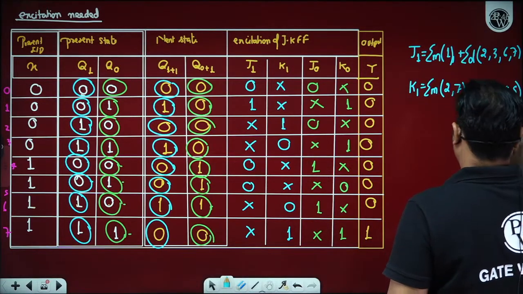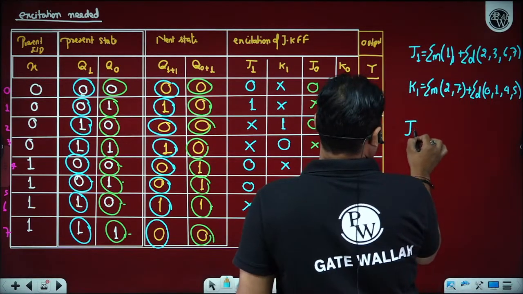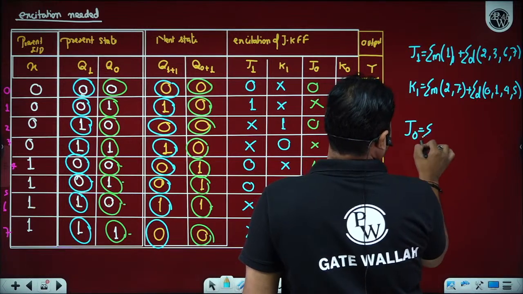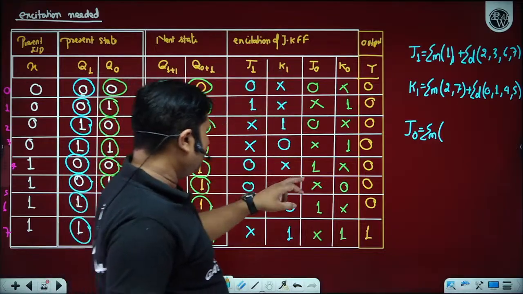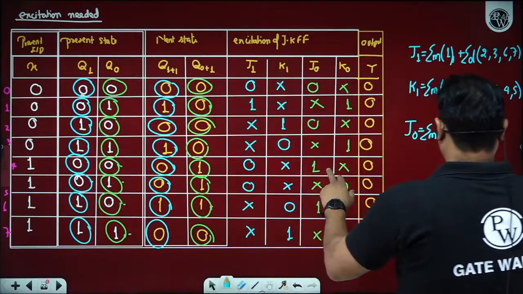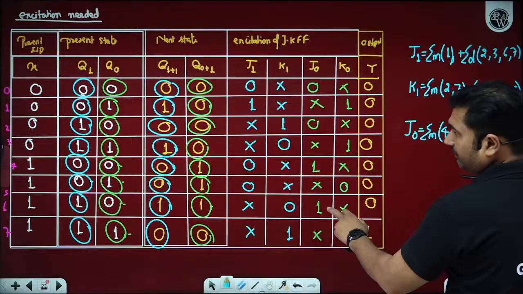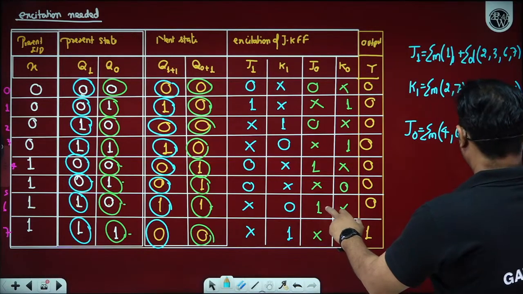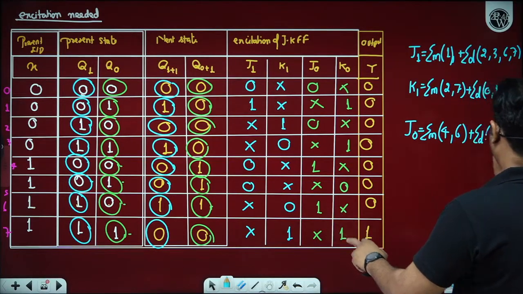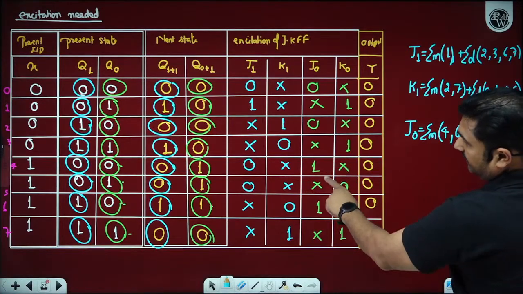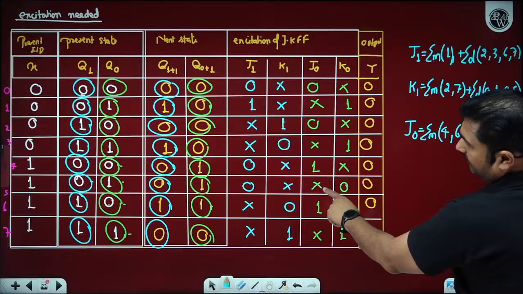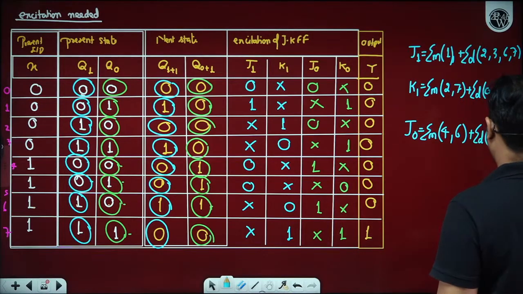Similarly, you can identify for J0 as well, summation of m. For J0, we are getting logic level 1 onto the binary of 4 and onto the binary of 6. Okay. And don't cares, we are getting onto the binaries of 1, 3, 5, 7.